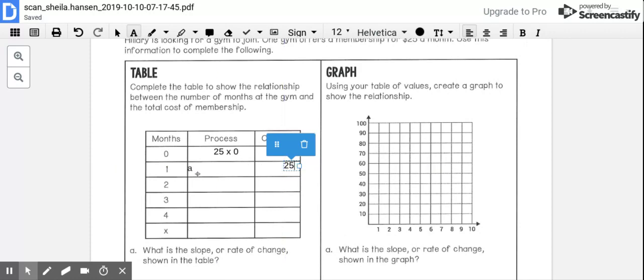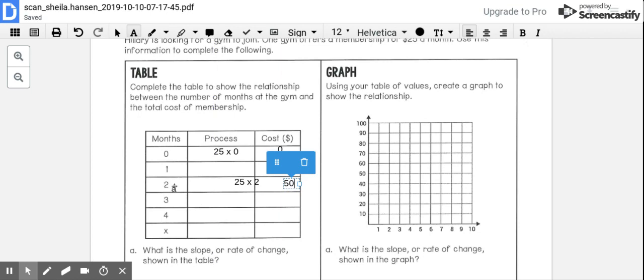And that was done by doing 25 times 1. 2 months, I want you to make sure that you're not just adding every time. Actually make sure you use that constant. So the constant's 25, so you're doing 25 times 2. And so then that would make it 50.